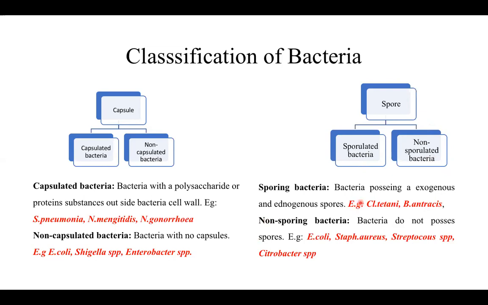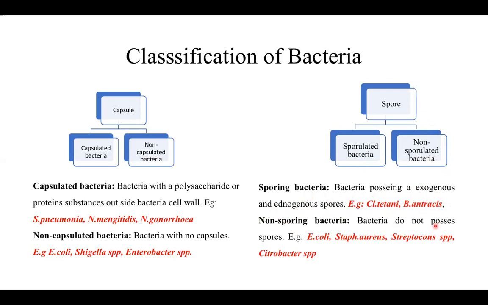Spore-forming bacteria produce either exogenous spores or endogenous spores. Examples are Clostridium tetani, Clostridium perfringens, Clostridium botulinum, and Bacillus anthracis. They are the spore-forming bacteria.